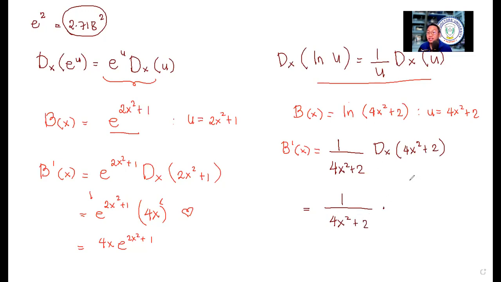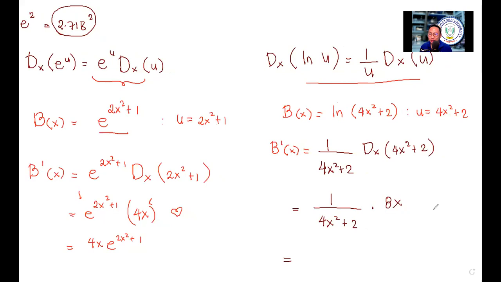What is the derivative of 4x squared plus 2? 8x, very good. So it's 8x. Then, when you multiply this, guys, this becomes 8x over 4x squared plus 2.